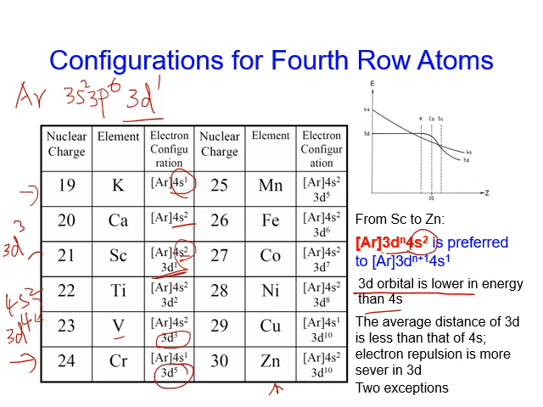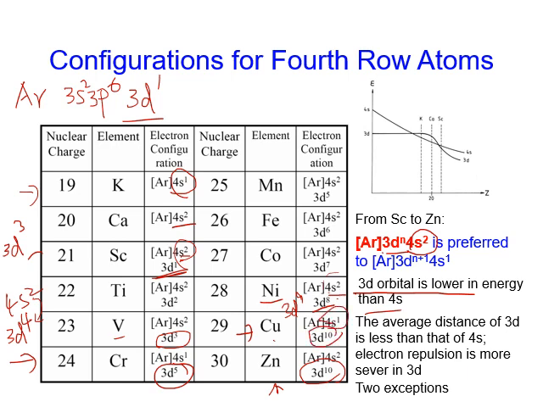Another exception is copper. So looking at nickel, the electronic configuration is 4s2 3d8. So you would expect copper should be 3d9. But instead, it brings an electron from 4s to 3d, so it becomes 3d10 and 4s1.